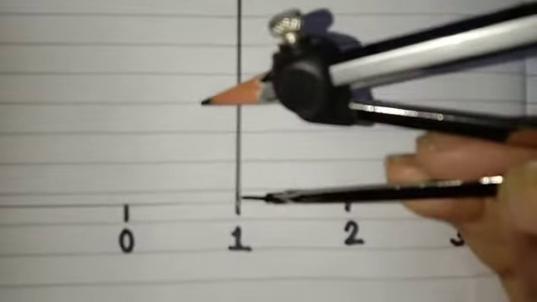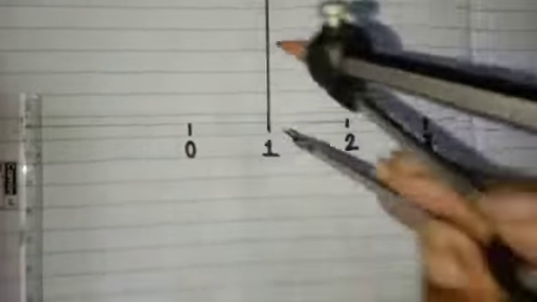What I did, I took the distance 1 to 0, then kept the still point of the compass on 1 and drew one arc on the perpendicular by taking the same distance.